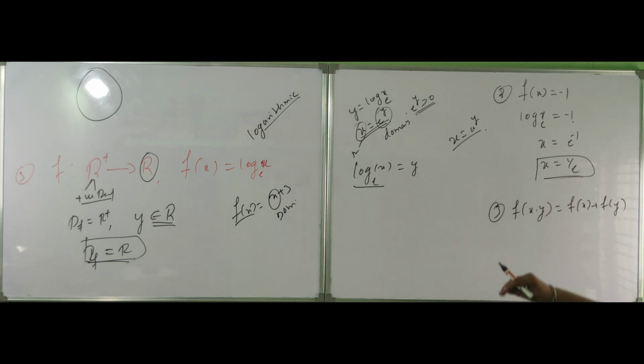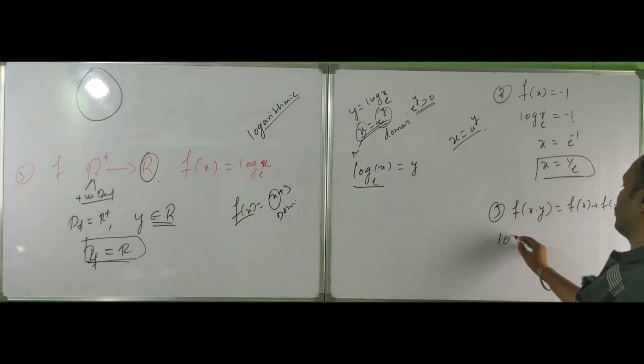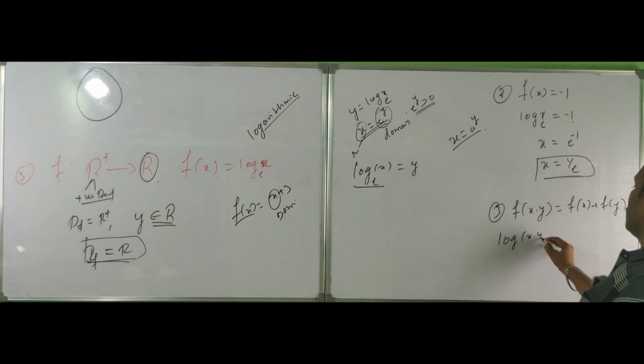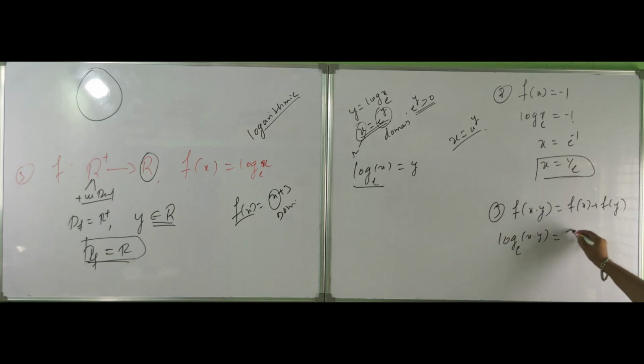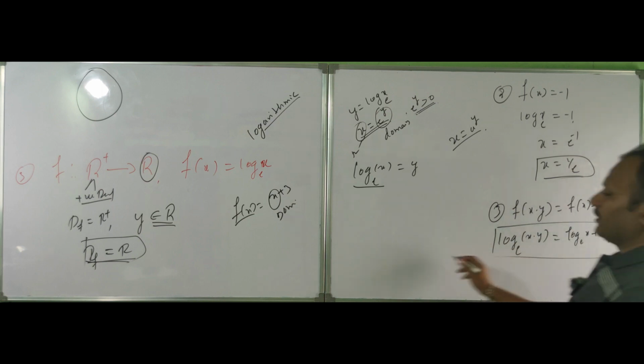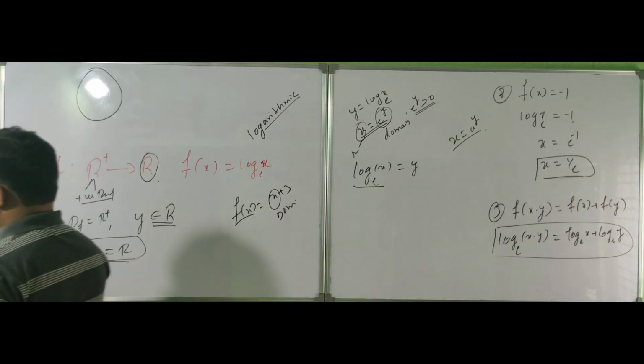What is given? F of x you can write as log of x into y to the base e. So this automatically becomes log to the base e of x plus log to the base e of y, directly by the formula.